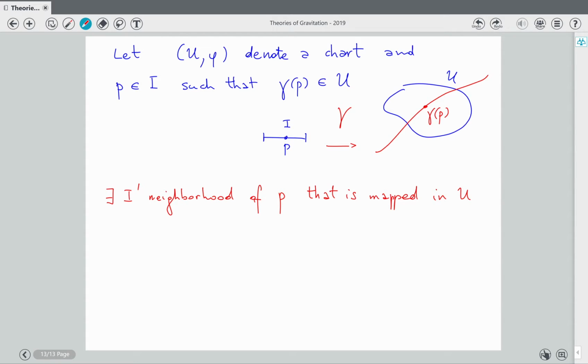Maybe we can use some other color. So this is I, and in green we have what we call I prime, and I prime will be the portion of the curve that falls inside U.